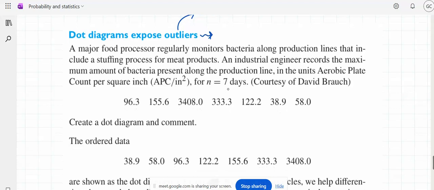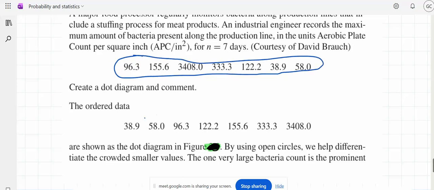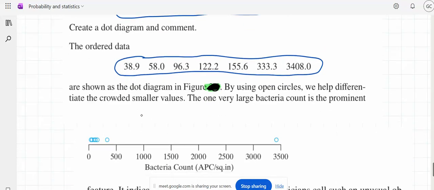For example, here if you look at this, we have to create a dot diagram for this data, right? So the first thing we will be doing is arranging it in ascending order, just so that I will know what I have to write. When I arrange it in ascending order and then plot it, this is how I get it, right?